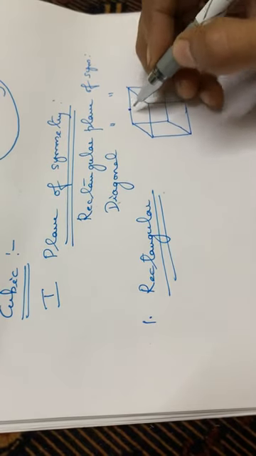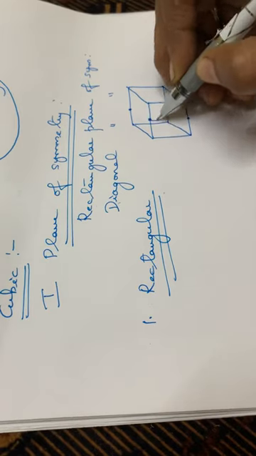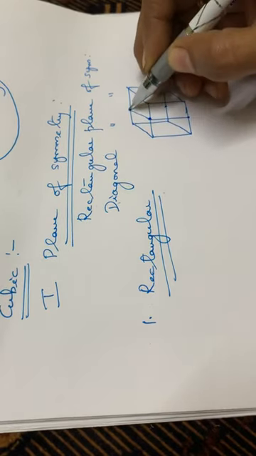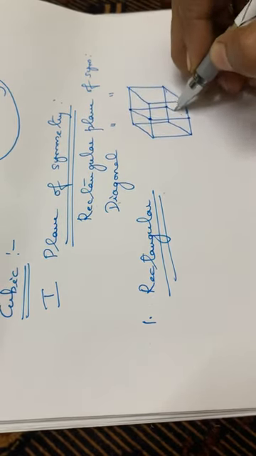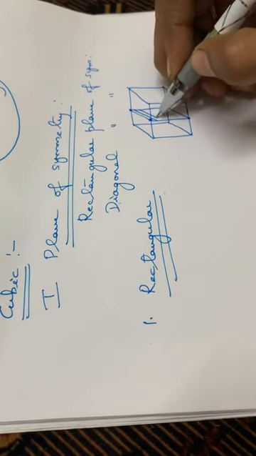First you have to mark the plane of symmetry, joining all the centers. So this is the plane of symmetry.